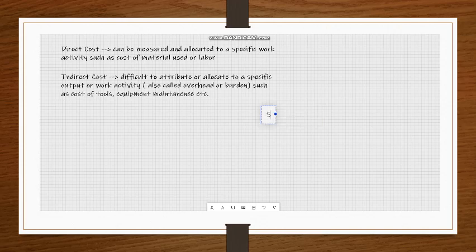Also, we have standard cost. Let's define it.